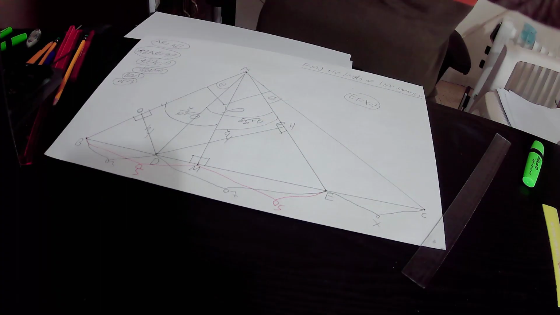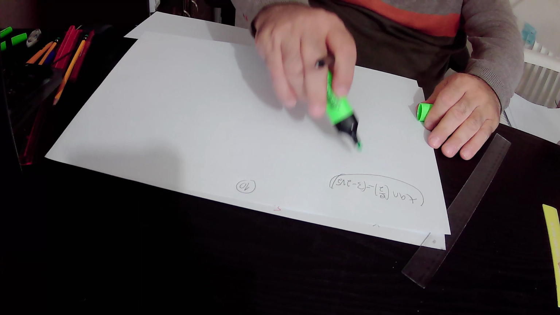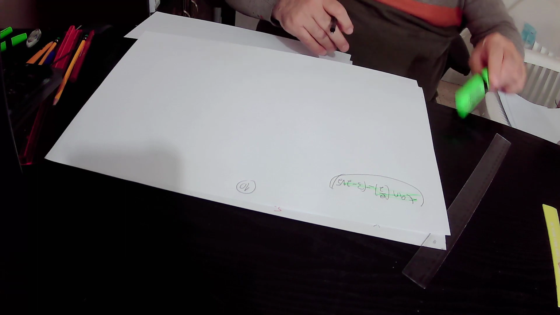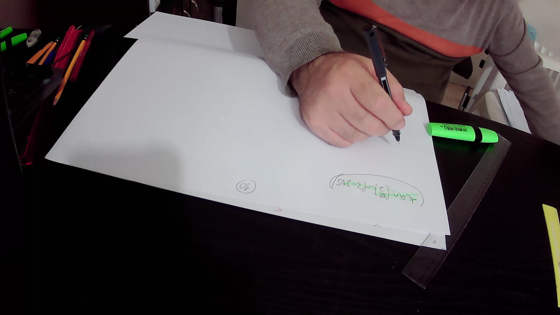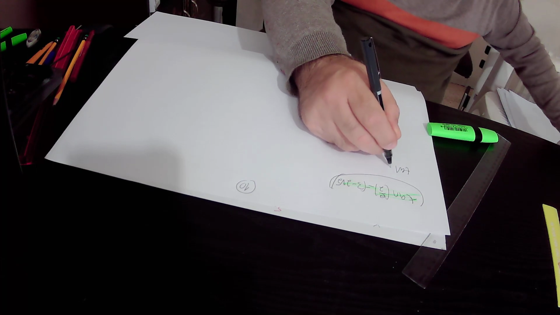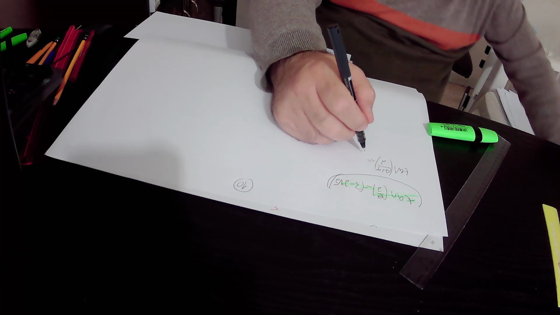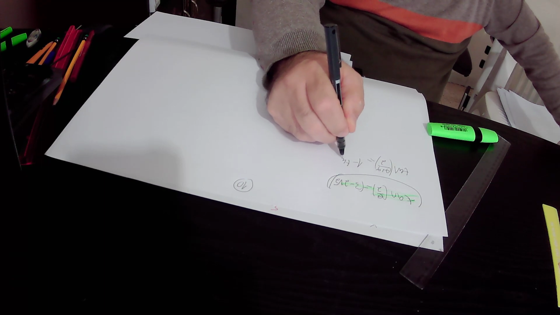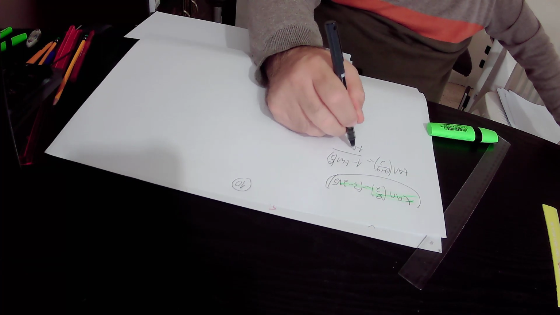So now we can put the value of tangent theta over 2 inside the equation of tangent theta plus alpha over 2. We have already found out that tangent theta plus alpha over 2 is equal to 1 minus tangent theta over 2 over 1 plus tangent theta over 2.